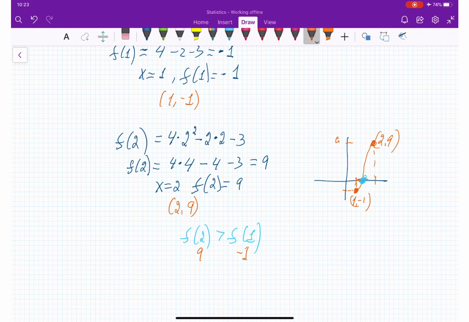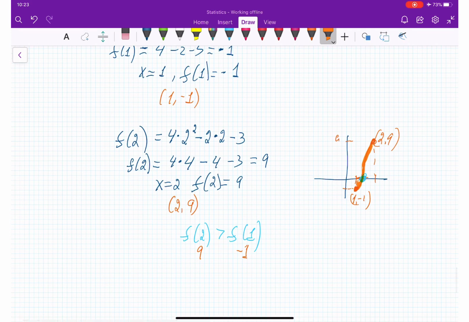So since f of 2 is greater than f of 1, then the function is increasing, right? It's going from a lower point here to a higher point here, increasing. And so there must be one real 0 between 1 and 2.